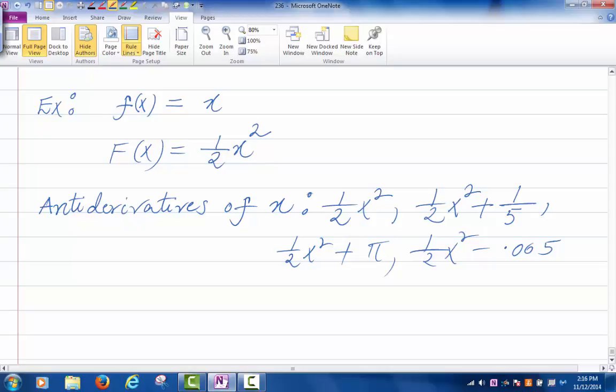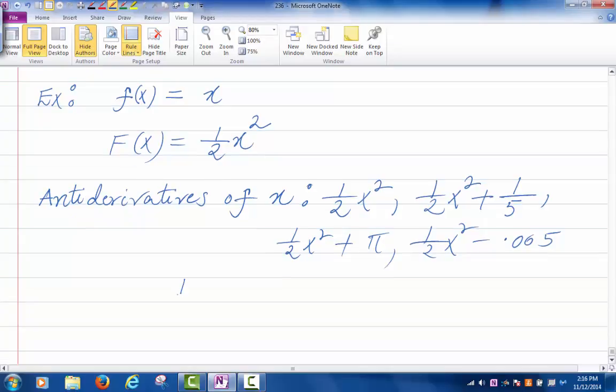So generally then half x squared plus c for any constant c is an antiderivative of x, right? You agree with that? So I call this the general antiderivative of x.